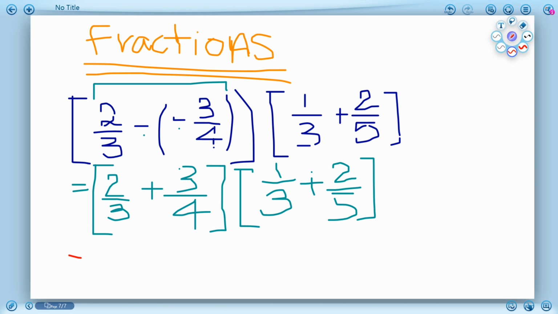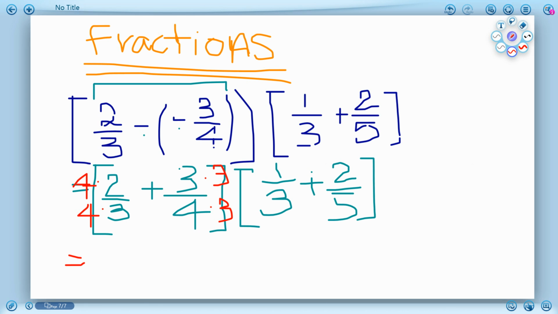I know my common denominator should be 12. So on the 3, I'm going to multiply the denominator by 4, and what I do to the bottom, I have to do the same thing to the top. Same thing here. I need this to be 12, so I'm going to multiply the denominator by 3, and do the same thing to the numerator.